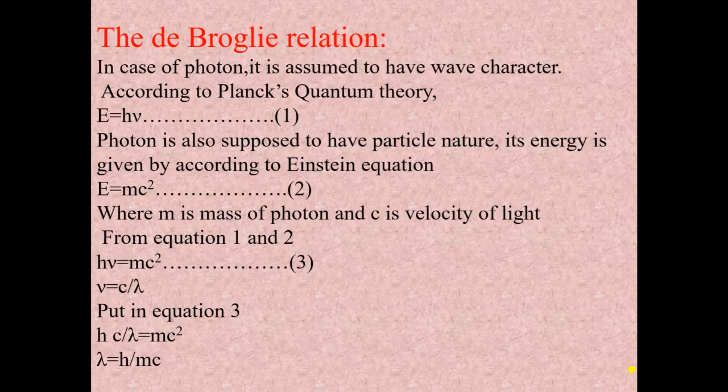Here m is the mass of photon and c is the velocity of light. Now from equations 1 and 2, we can write h nu is equal to mc square. Now nu, that is frequency, is equal to c by lambda. Put this value in equation number 3 and it will become hc by lambda is equal to mc square. When you cancel out c, it will become lambda equal to h by mc.